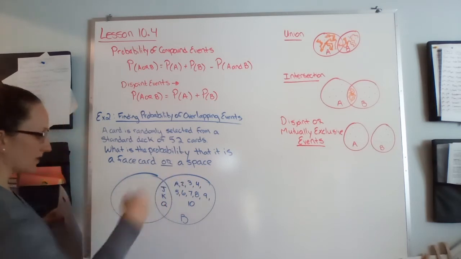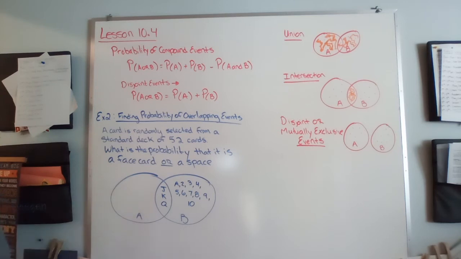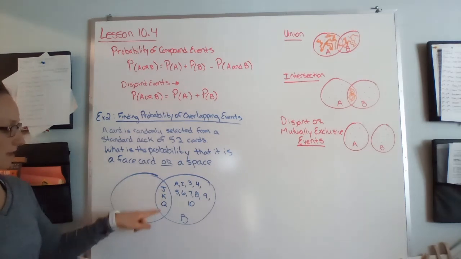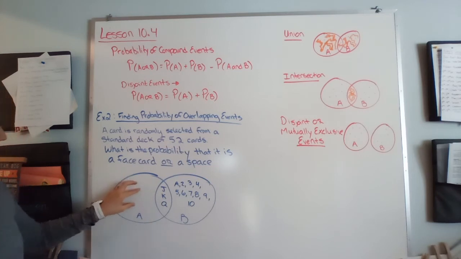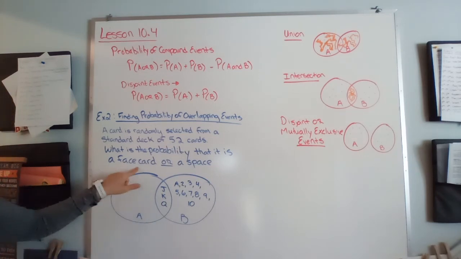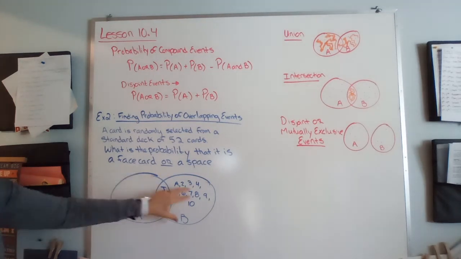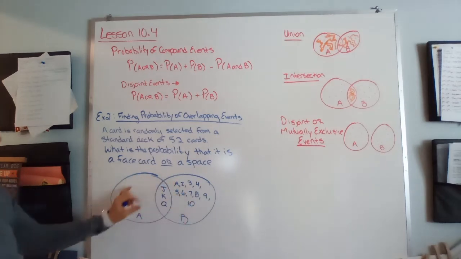I put the jack, queen, and king in the middle because this other event is the face cards, and the face cards are your jack, king, and queen. So it's in both categories. It's both a spade and a face card.